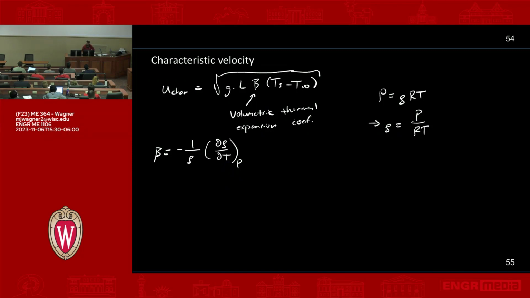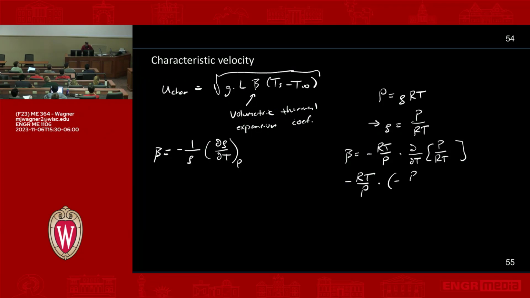Then I plug that into my definition of beta, and I get beta equals minus RT over P times the partial with respect to temperature of P over RT.